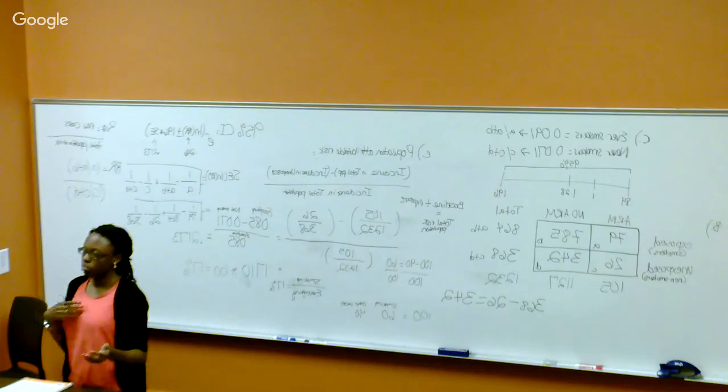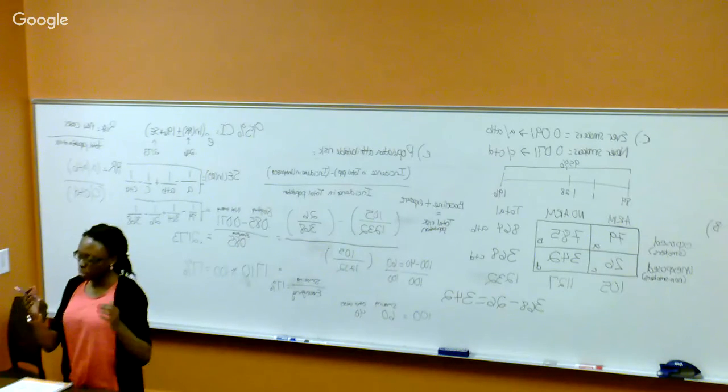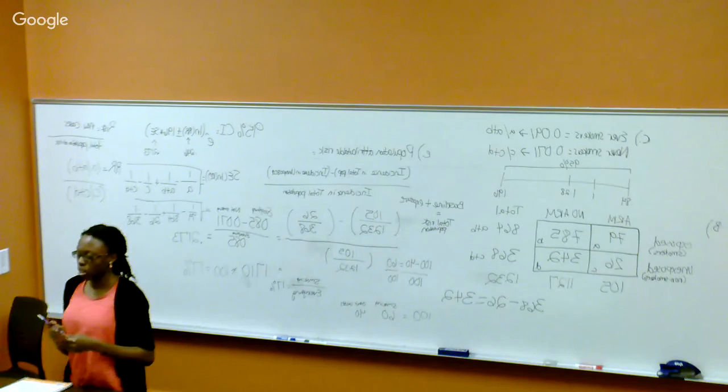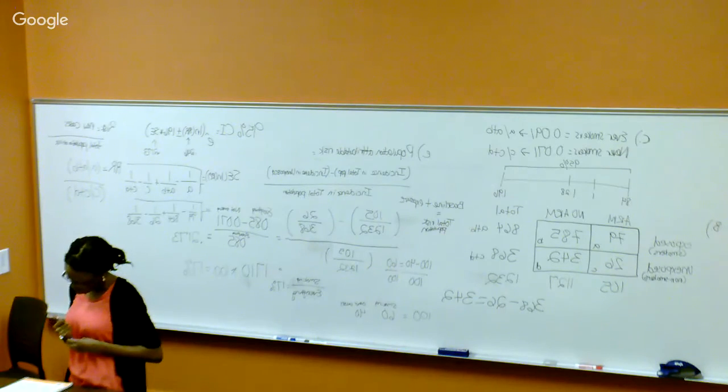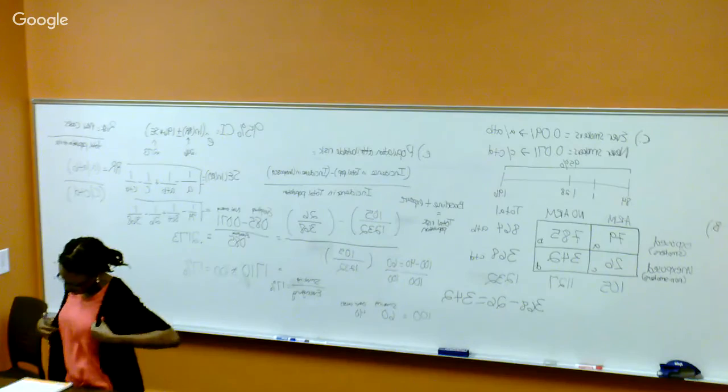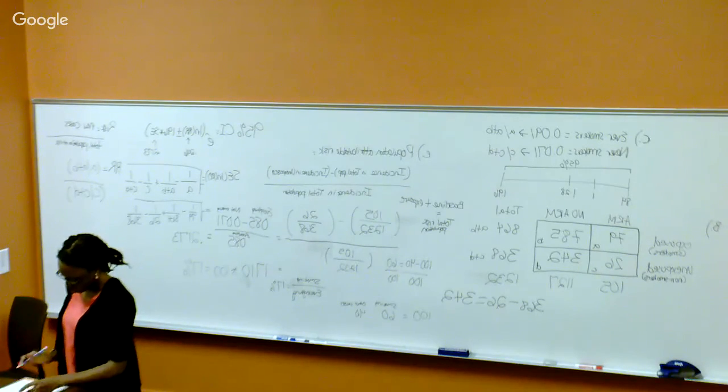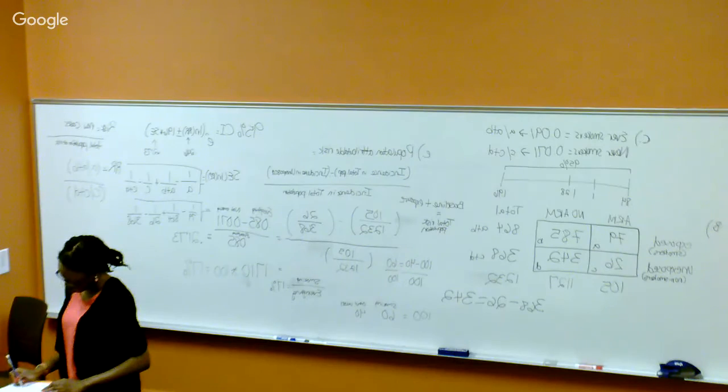Anytime you see cases compared to controls, that's usually an indicator of a case control study. Does that make sense? Okay. They gave us the data there. They have several different levels of SES, and for each level they show how many were a case and how many were a control.